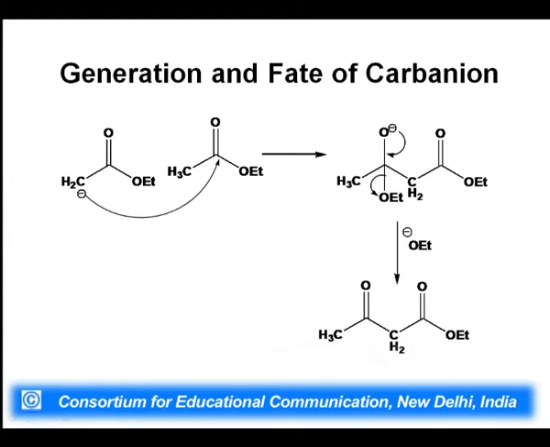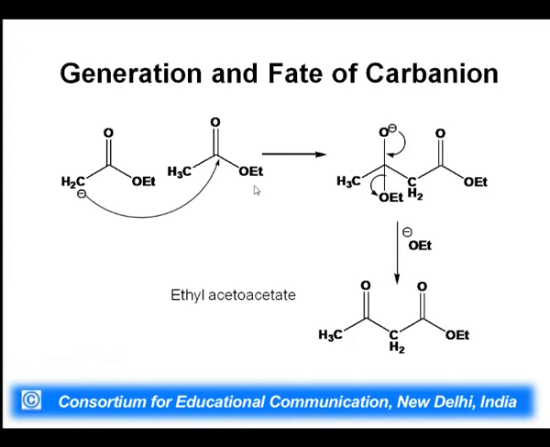So, the previous case was a nucleophilic addition reaction because the C double bond O group was lost and we were ending up with COH and this group. But in this case, the OEt group is no longer there, and this CH2CO2Et group is in its place.